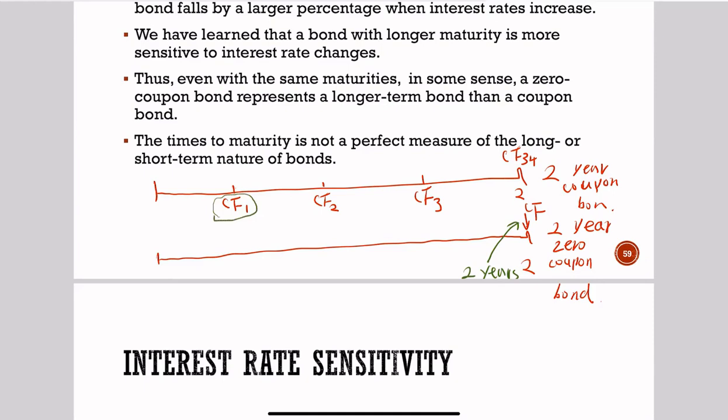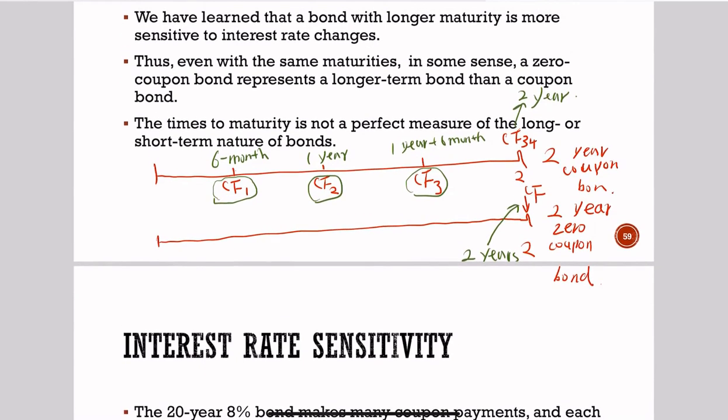Interestingly, what about this guy? What is the first cash flow's maturity? It's actually 6 months, right? What about this guy? Well, you guessed it right, it's 1 year. This guy is 1 year and 6 months. And this guy, it's 2 years, right?